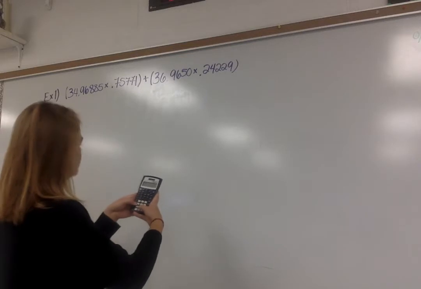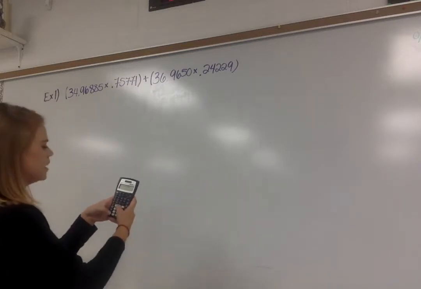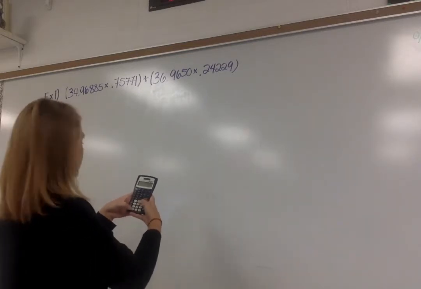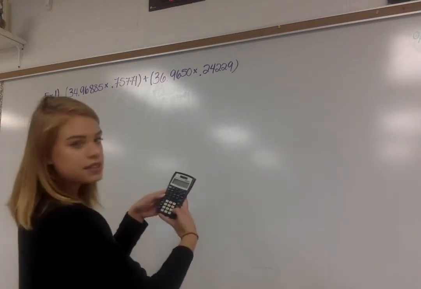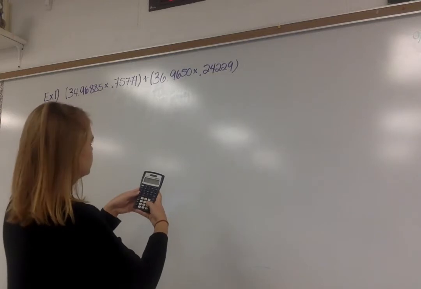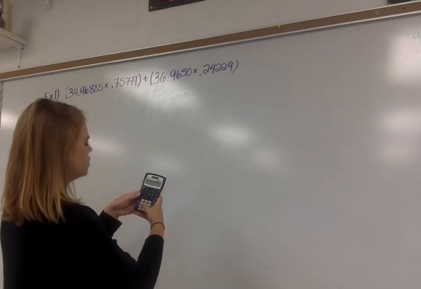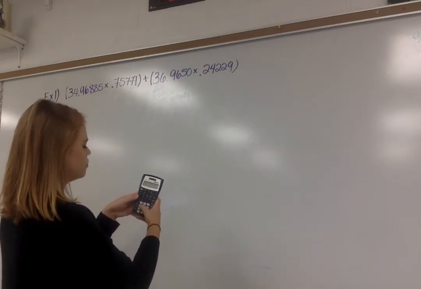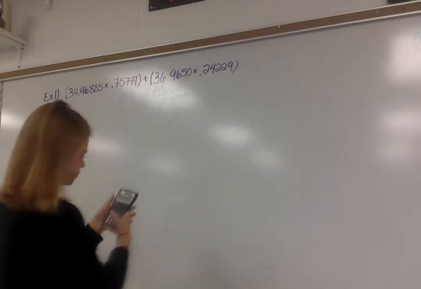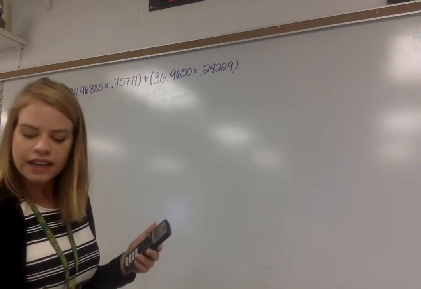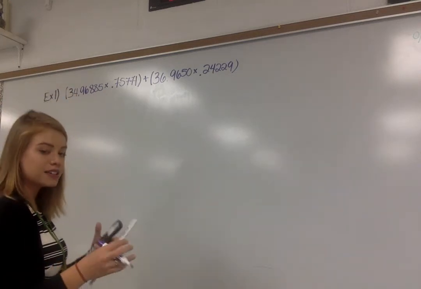I'm going to type in 34.96885 times 0.75771, close parentheses, plus 36.9650 times 0.24229, close parentheses. And that gives me the average atomic mass of chlorine.